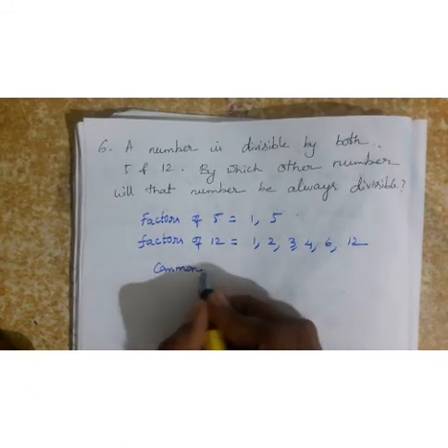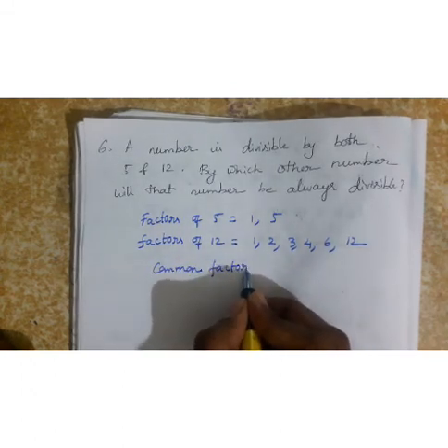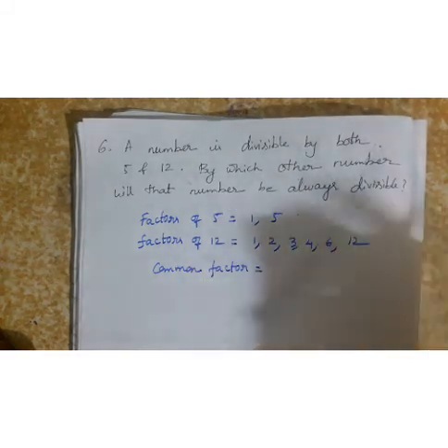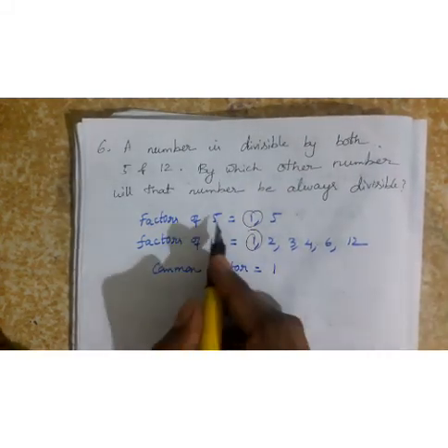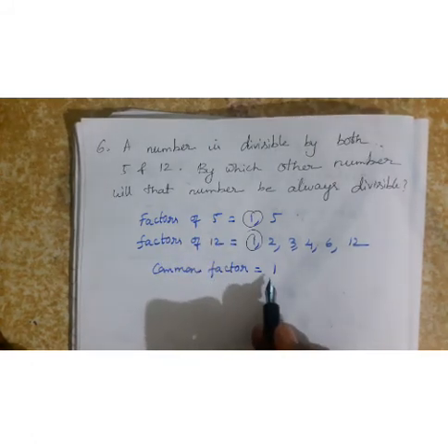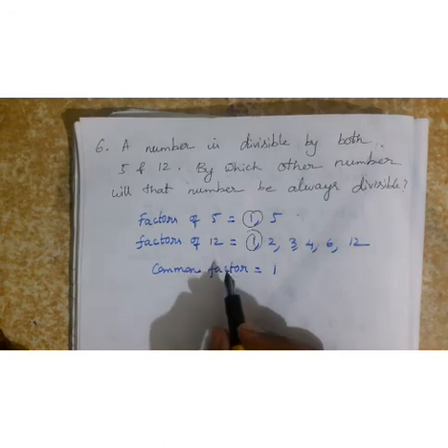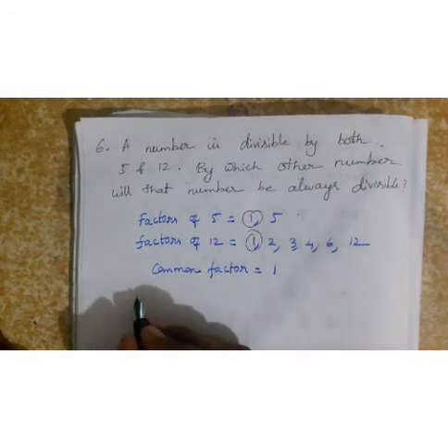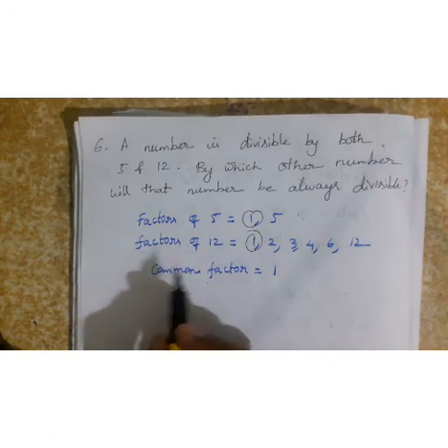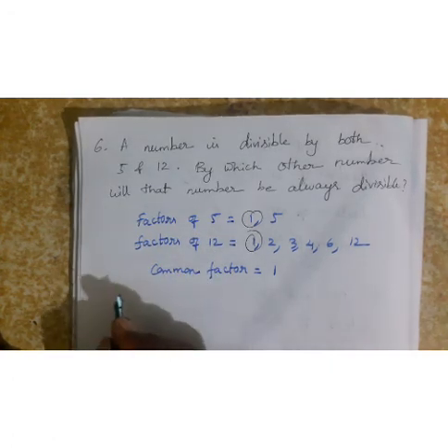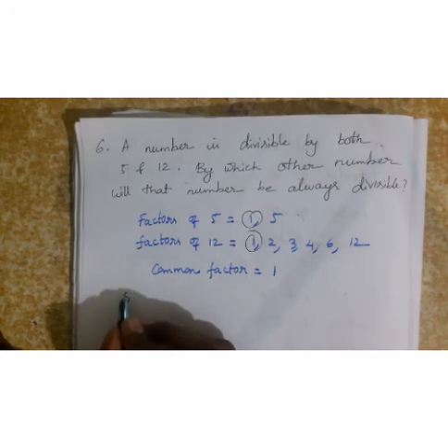So the common factor equal to 1. 5 and 12 are co-prime numbers. So here the common factor is 1. So the 5 and 12 are co-prime numbers and divisible by the product, 60. 5 12s are 60. So all the factors of 60 will be divisible by the number.